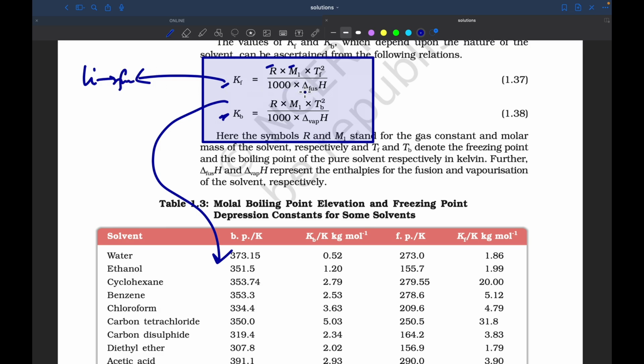That's why we use delta H fusion. RMT squared by 1000 delta H. This one is also the same, RMT squared by 1000 delta H vaporization. Why? Because where we study vaporization, we talk about the process of evaporation, so it's about vaporization.